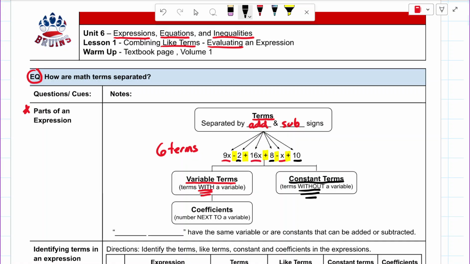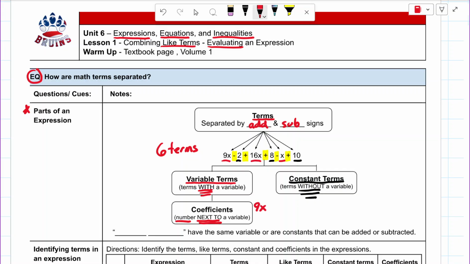Now going back over to the variable terms, if you drop down one more, you can see what's called a coefficient. The coefficient is the number next to a variable. And what number is next to the variable x? It is a 9.